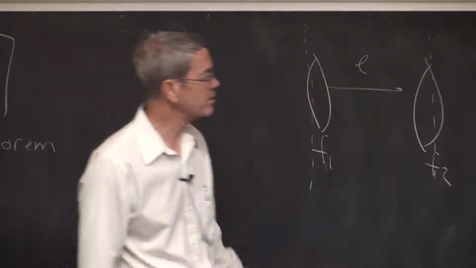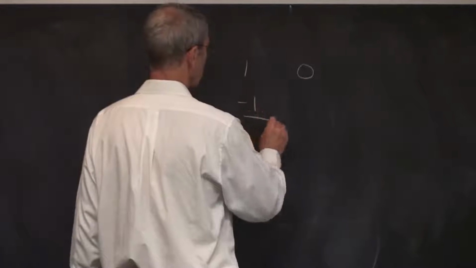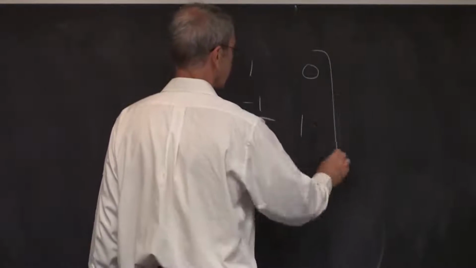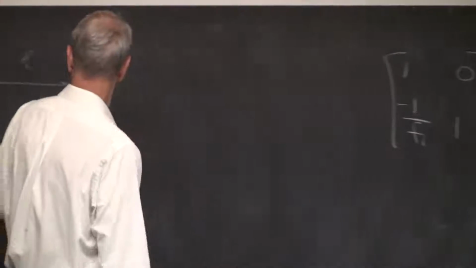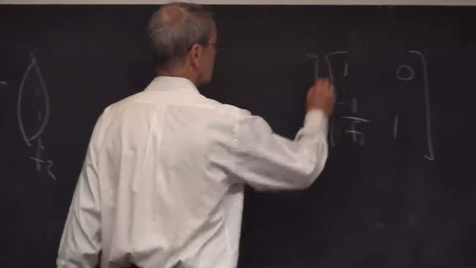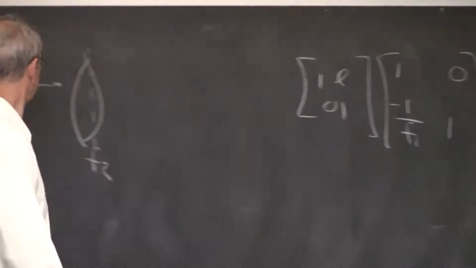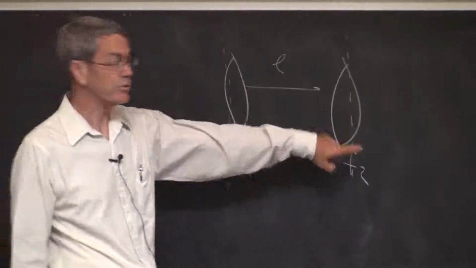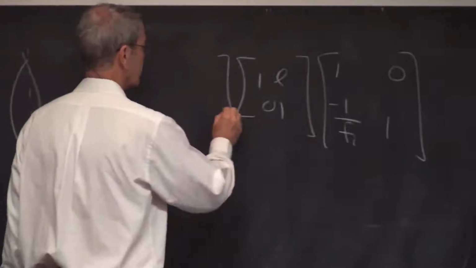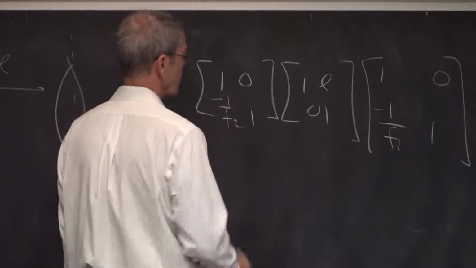First I hit lens 1. That's going to be [1, 0; -1/f1, 1]. Then I propagate a distance L: [1, L; 0, 1]. And then I go through another lens, f2: [1, 0; -1/f2, 1].